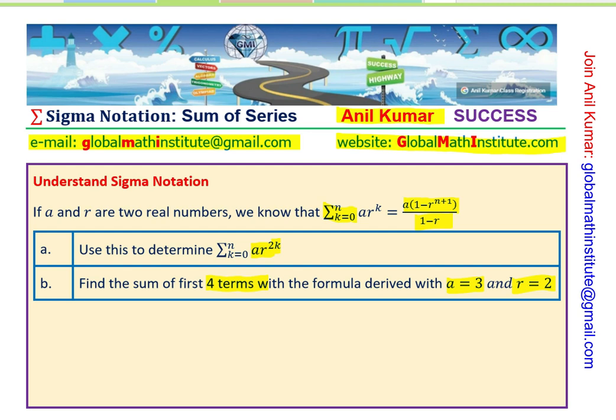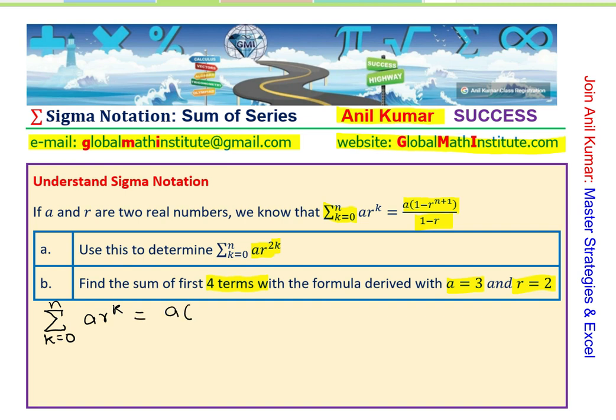So what we really know is that the sum from k equals 0 to n for a general expression a r to the power of k is equal to a times 1 minus r to the power of n plus 1 divided by 1 minus r.